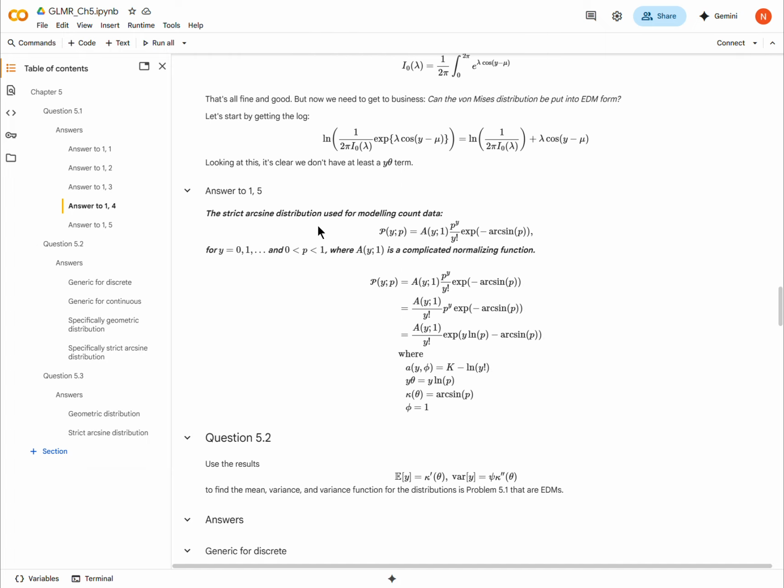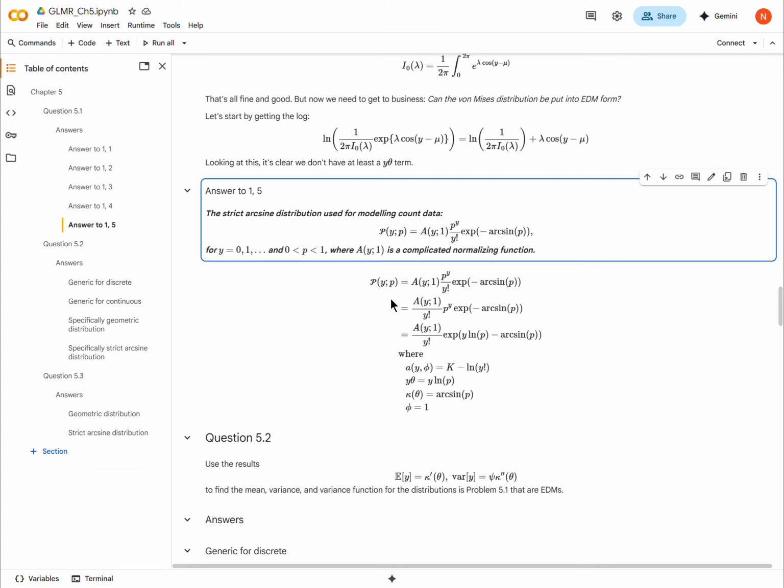Okay. Finally, the strict arcsine. So this is the strict arcsine distribution right here. Again, this is a probability distribution that I was not familiar with. But we can go through and just do some manipulations here.